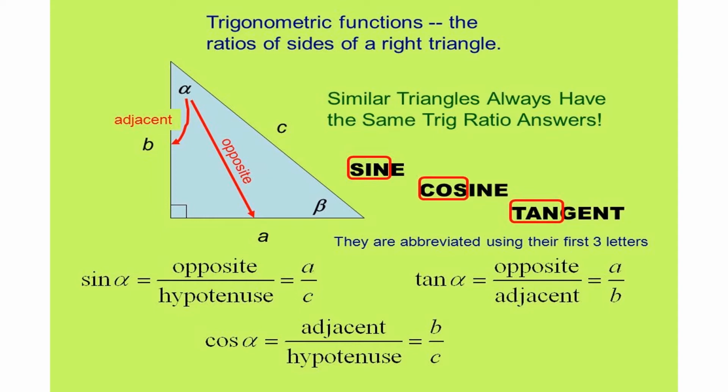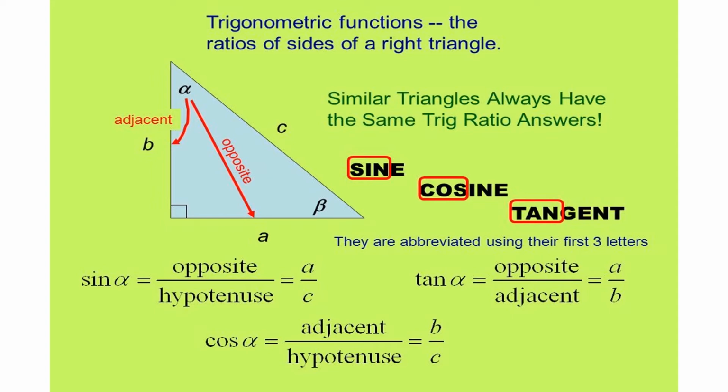Opposite to alpha we have the side A, and opposite to the right angle, the hypotenuse, we have C. So sine alpha is equal to A upon C.